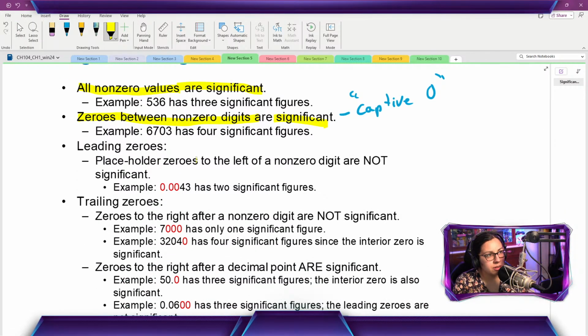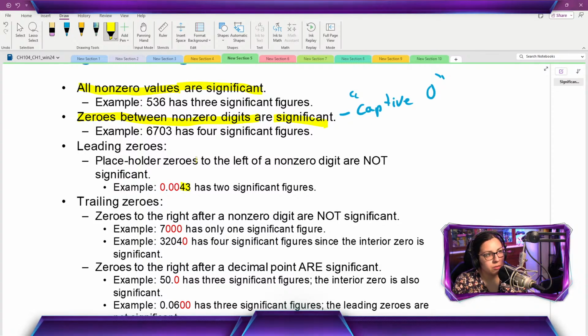Now let's look at the next 2 rules and we'll summarize them, but let's first read them. It says leading zeros: placeholder zeros to the left of a non-zero digit are not significant. So looking at this number, only the 4 and the 3 are significant figures.